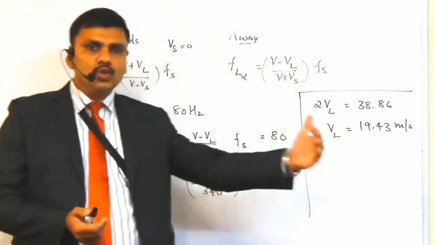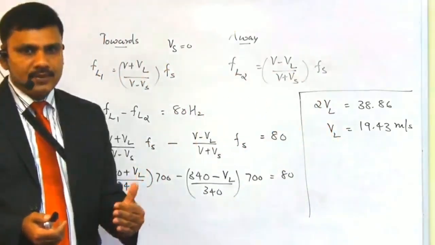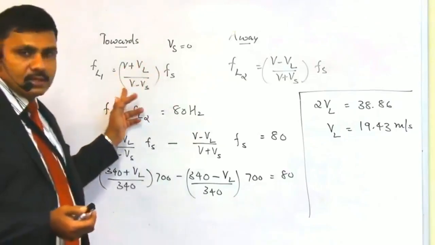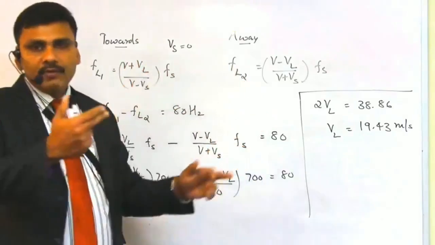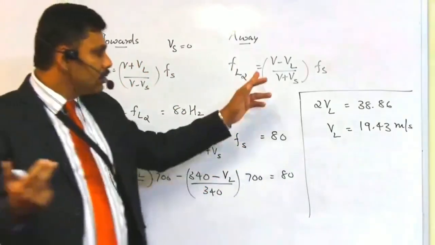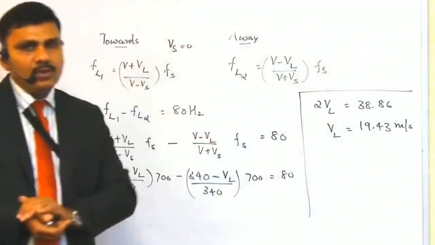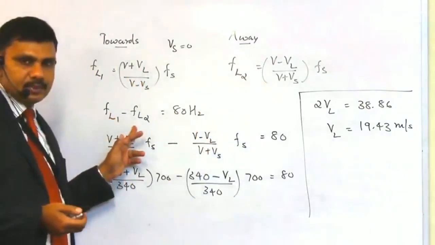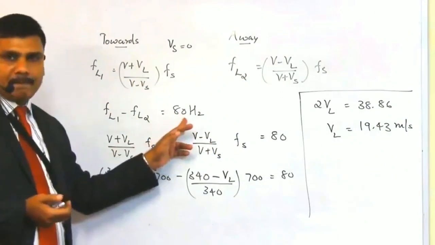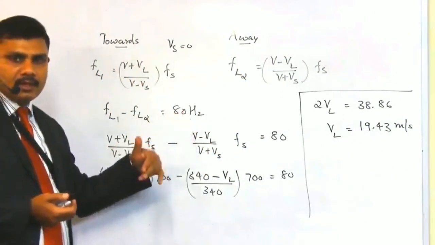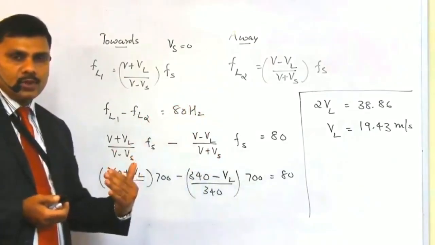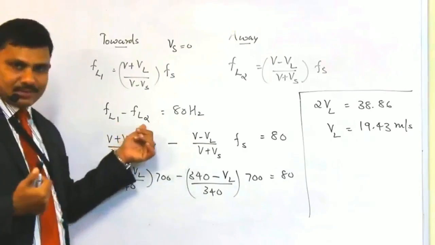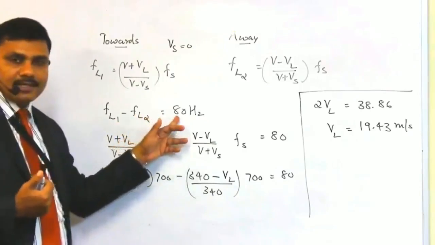The listener coming towards the source is the first case, and that is the equation for it. The listener moving away from the source is the second, and this is the equation for that. From the question, it is clearly mentioned that the frequency difference between them is 80 Hz, the difference between the frequency heard when the listener comes towards the source and moves away from it.